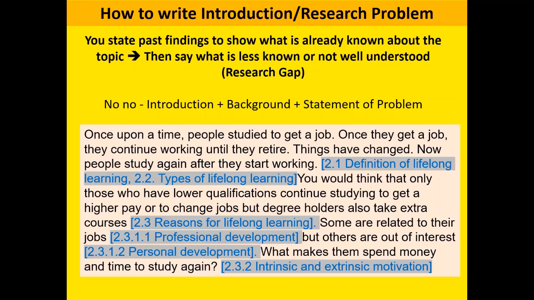Okay, there are many terms that are used for this introduction. I just use introduction, but it means the research problem. There is no need to be so redundant. You have introduction, you have background again, and you have statement of the problem.